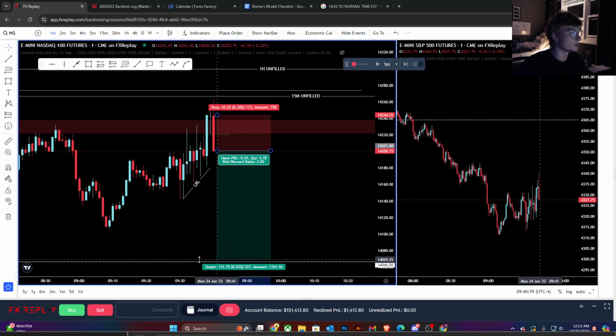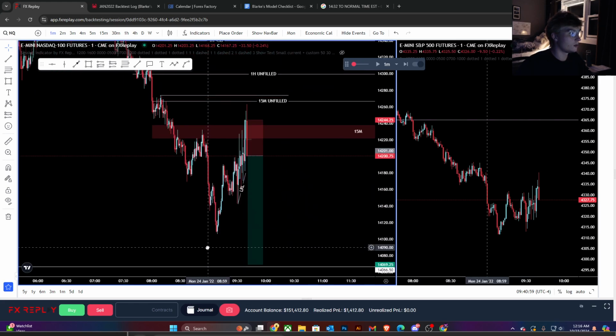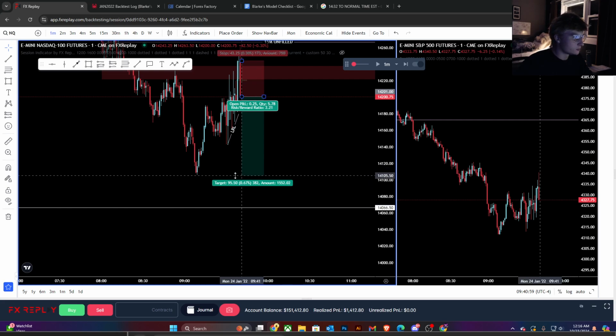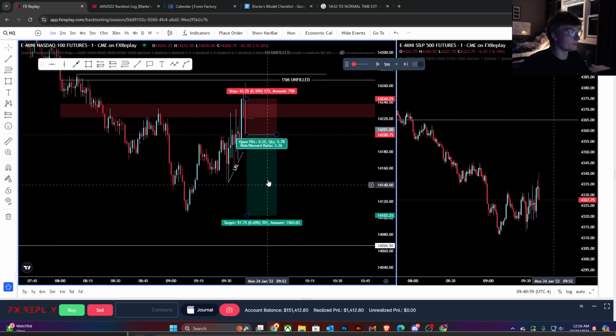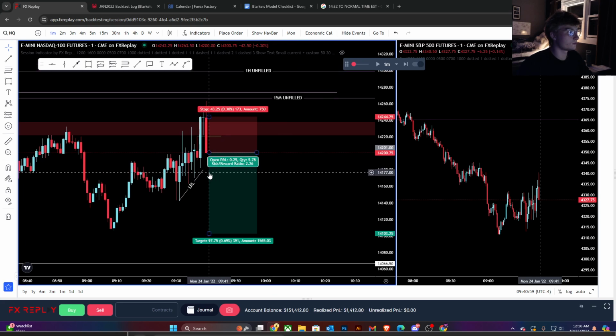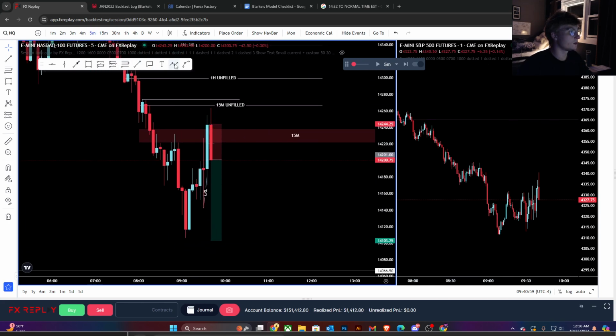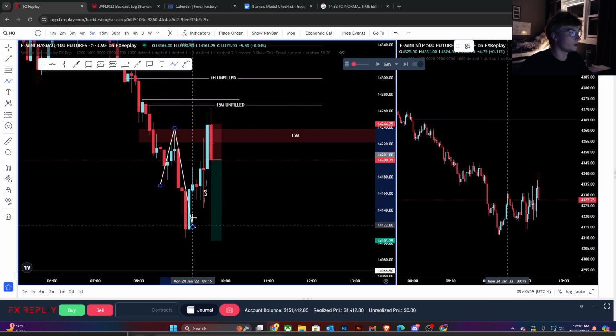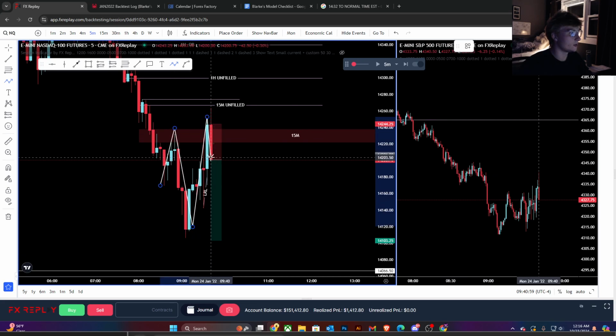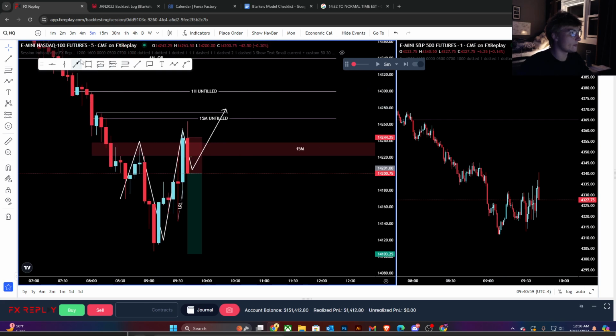TP1 and then runners towards this low here. Also, this 5 minute closure above, low high, lower low, higher high. Yeah, tap into this bullish breaker area here.